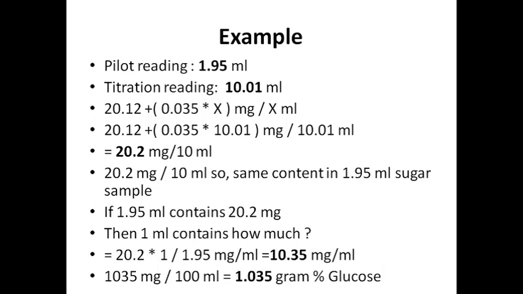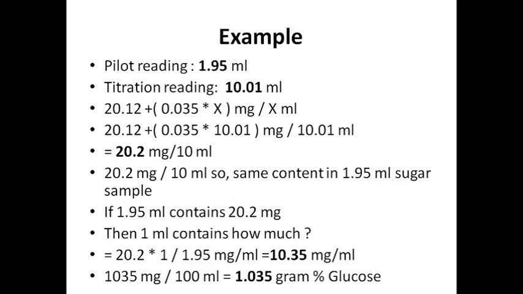But we know that in the case of this original sugar solution, we have taken 1.95 ml of the sugar which is consumed during the reaction. So we can write like this: 1.95 ml of sugar solution contains 20.2 milligram of sugar, then how much does 1 ml contain?